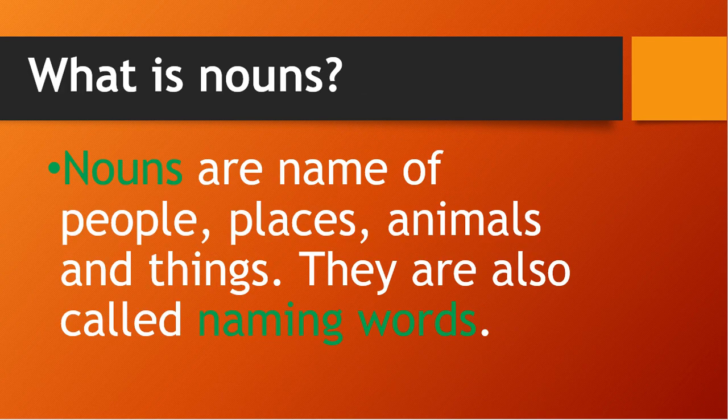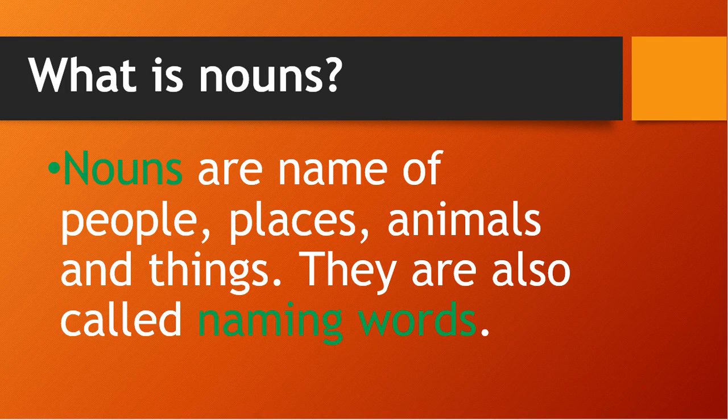In the noun we understood its meaning. What is a noun? To what things do we call it a noun? People, places, animals, and any things, they are nouns. Also, a noun is a naming word. Suppose your name is Raju.